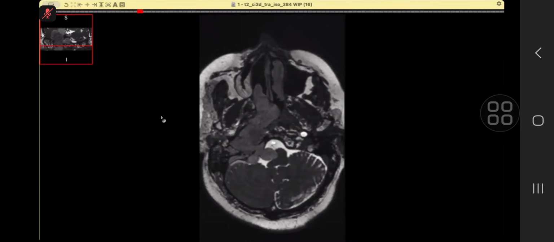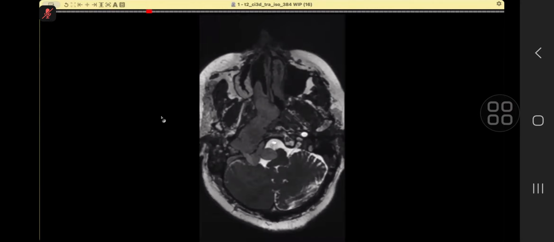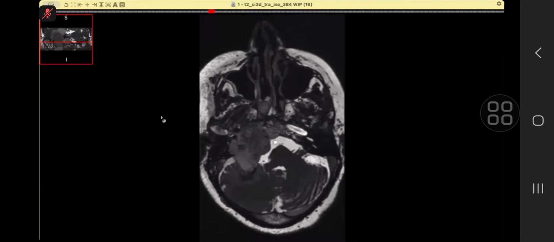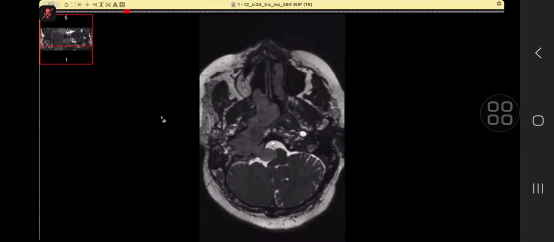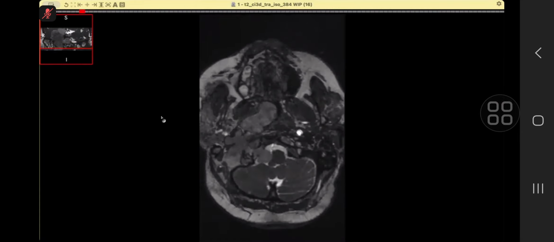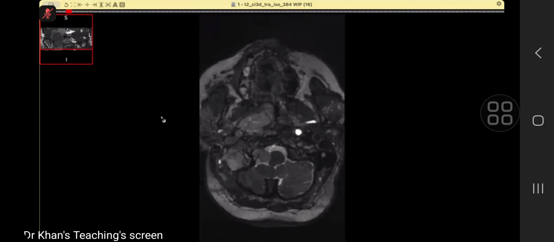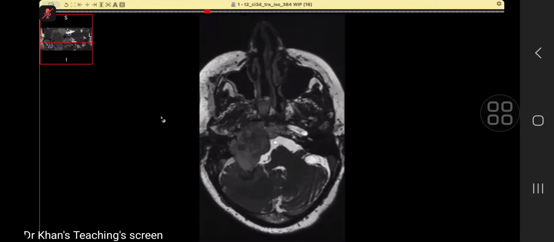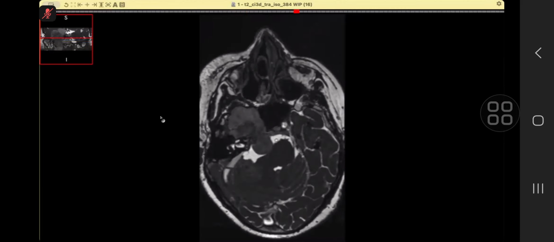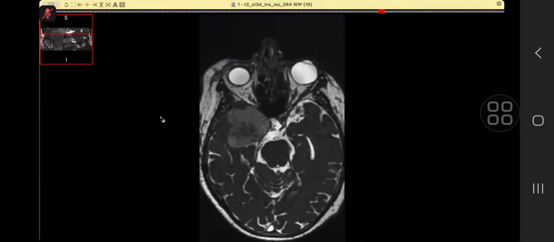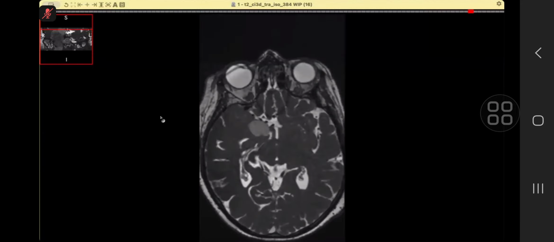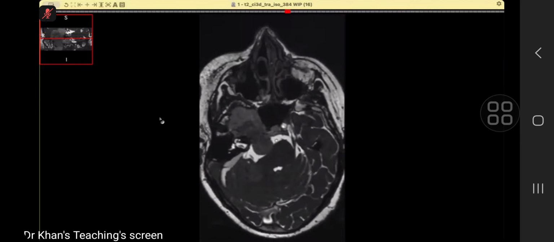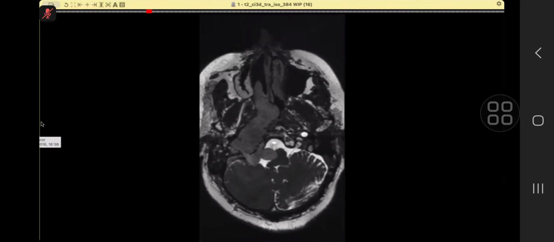It is also extending into the sphenoid sinus and also into, I think, the nasal cavity. Sorry, in the posterior nasopharynx. It is also extending along the posterior nasopharynx. There is also a secondary involvement of the mastoid due to the pressure effects of this mass lesion.